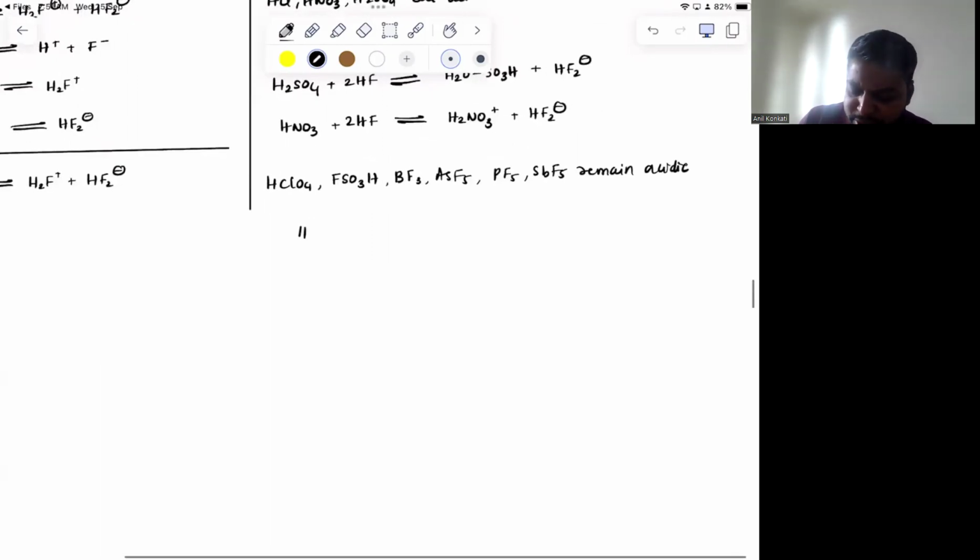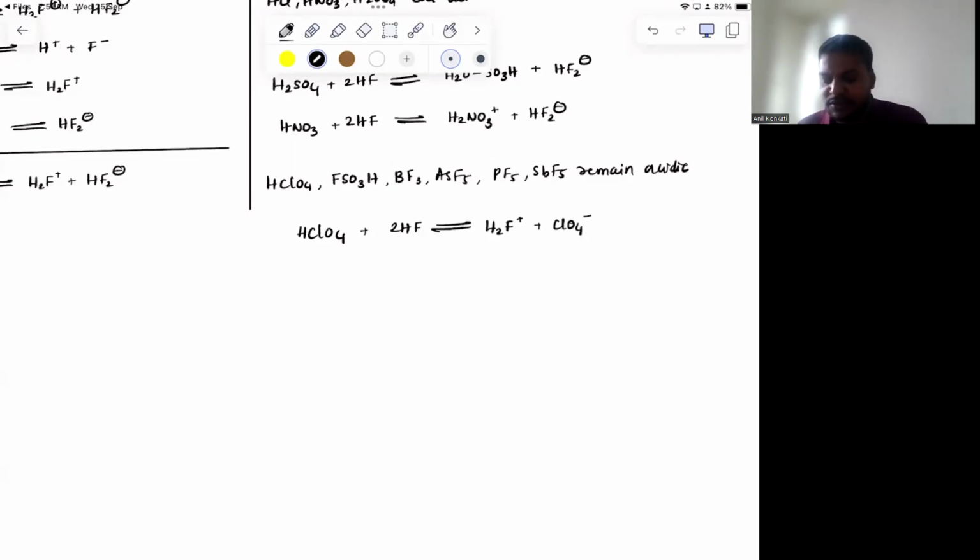Let me show with an example. HClO4 plus 2 moles of HF will give us H2F+ and ClO4-. You can see HF is taking that H+ from here. Got it? Same way, if you take BF3 plus HF, this will become BF4- plus H+. That's how it is observed.